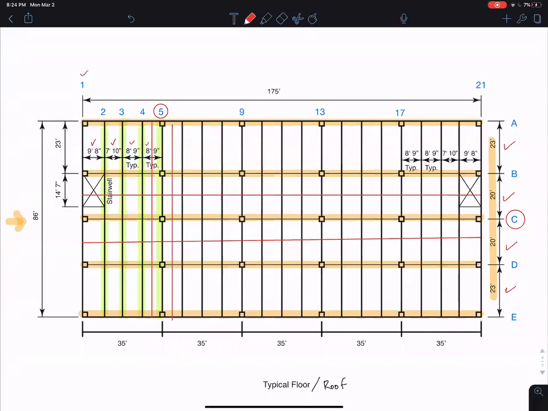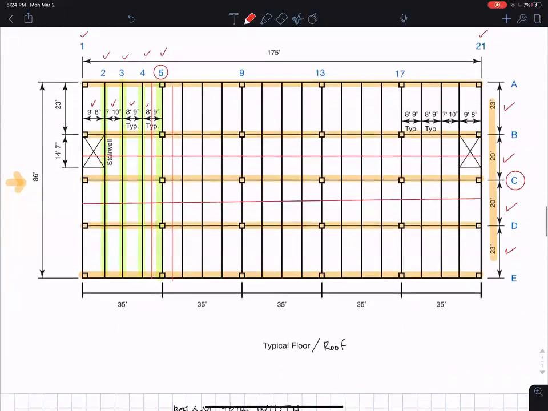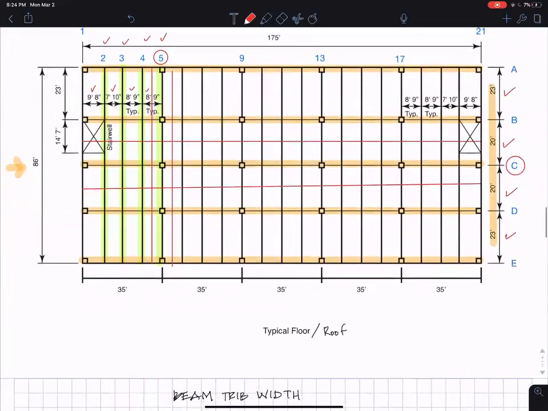So let's count them. There's 1, 2, 3, 4, 5, 21 beams. Okay, so the total weight per foot of the beam. Let's do it for girder C. This distance here is the tributary width for girder C, which happens to be 20 feet.